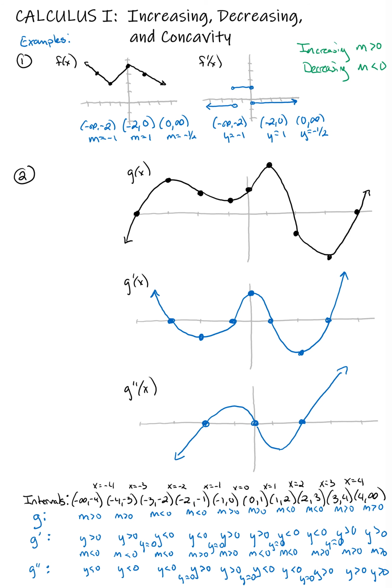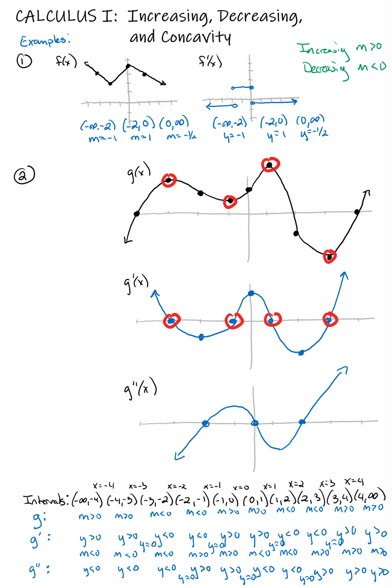All right, so now let's compare these graphs. Let's take a look at what's going on. So notice every time I have an intercept here, I have what happens on my G graph. So when G prime is 0, notice that G of x is either a maximum or a minimum.